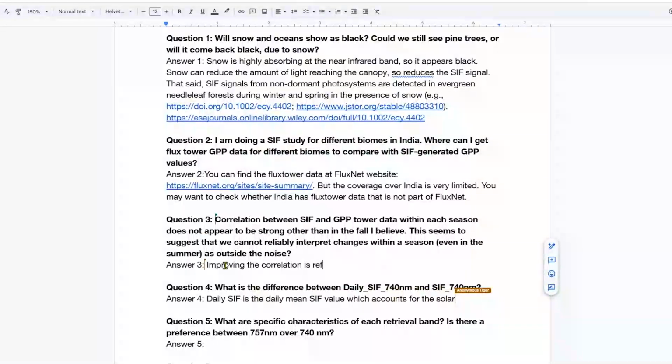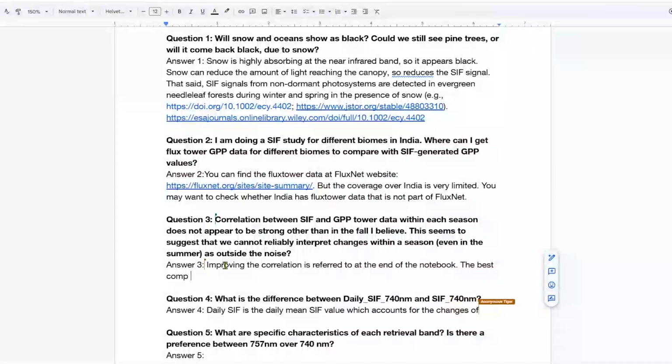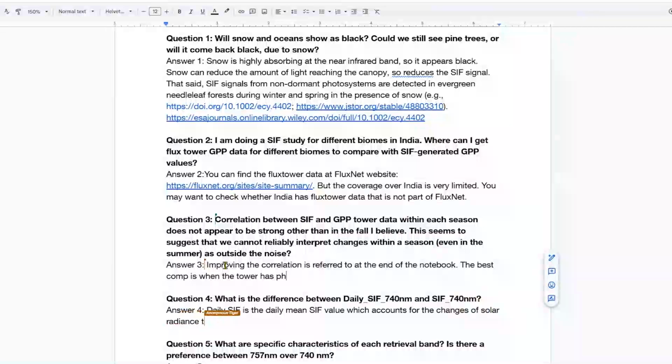But at the same time, because of that, we're including a lot of points that aren't necessarily the same as the tower site itself. So typically the best comparison that you'll have is when a tower has photospec as well, which is relatively uncommon. With that being said, you can still use the data, but it is, like I mentioned, recommended to filter by biome type.